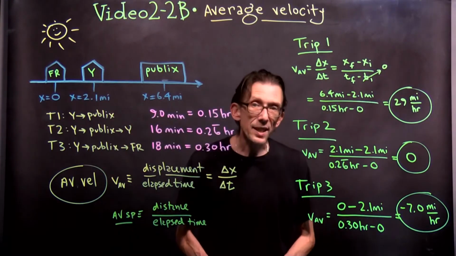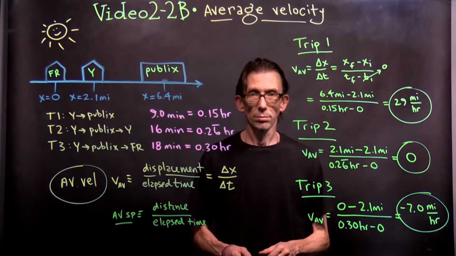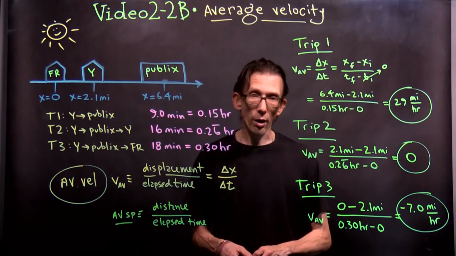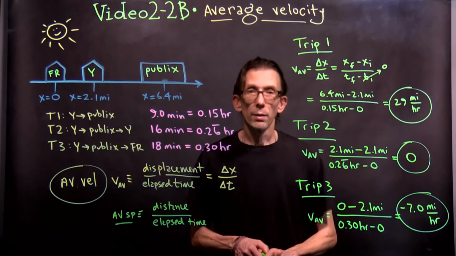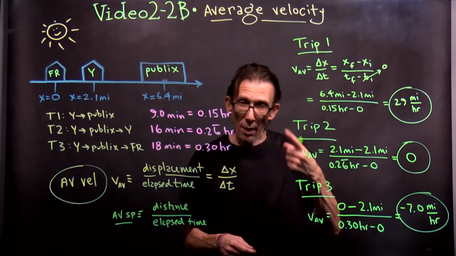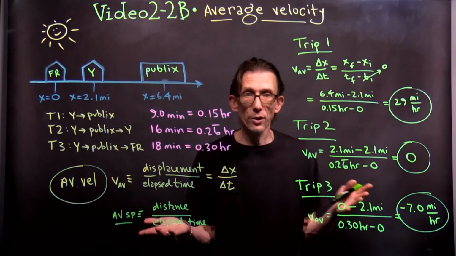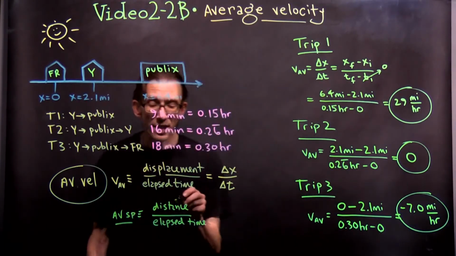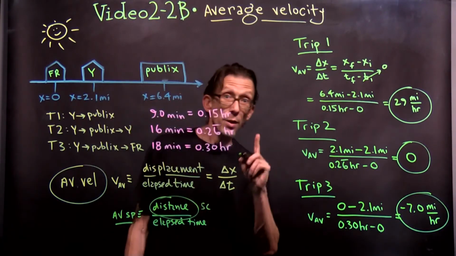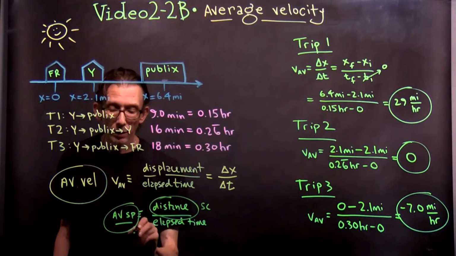Remember that distance is a scalar. There's no direction to distance. Your odometer in your car doesn't tell you, right, what direction you went when you were adding up the miles. It just tells you how many miles you went. There's no direction associated with it. So distance is a scalar. Therefore, average speed is a scalar.